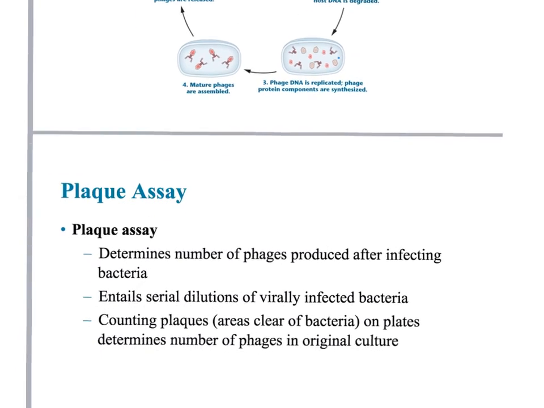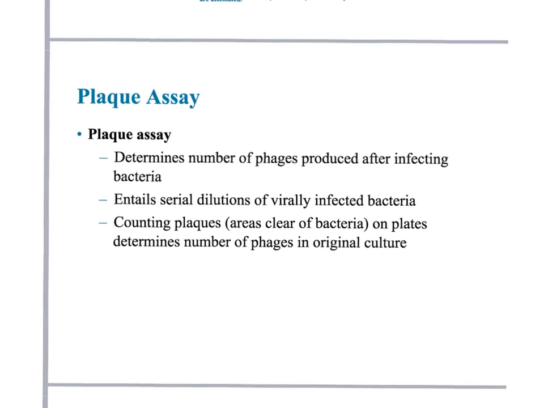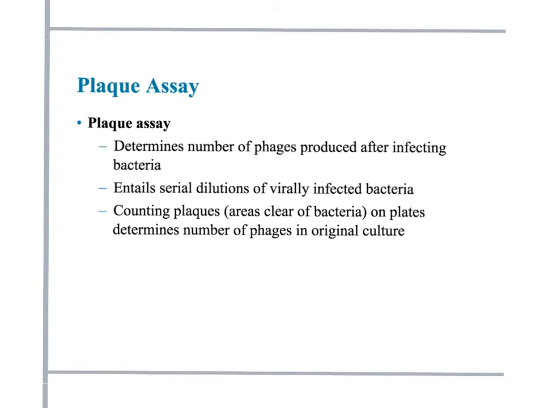The plaque assay is a lab technique for determining the number of phages that are produced after infecting a bacterial cell. To run an assay, it entails a serial dilution, or a whole series of dilutions, of virally infected bacteria.